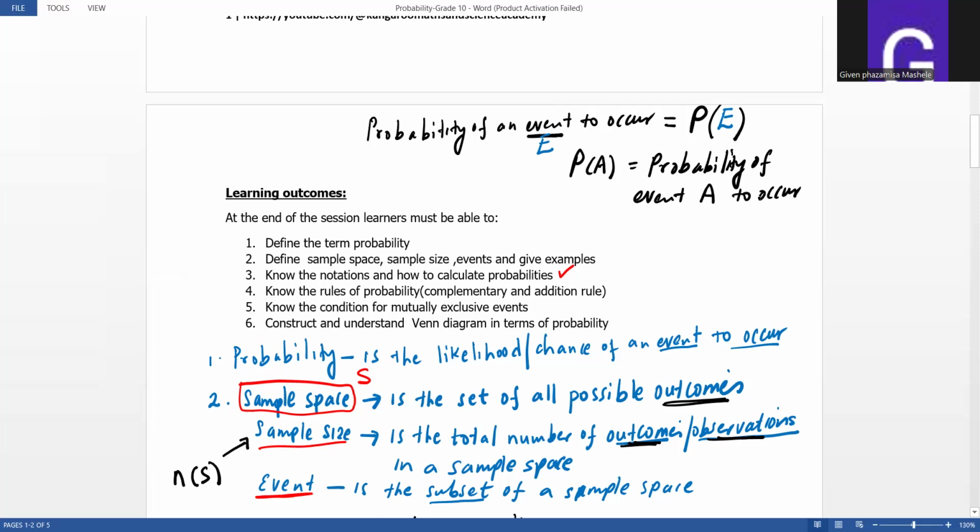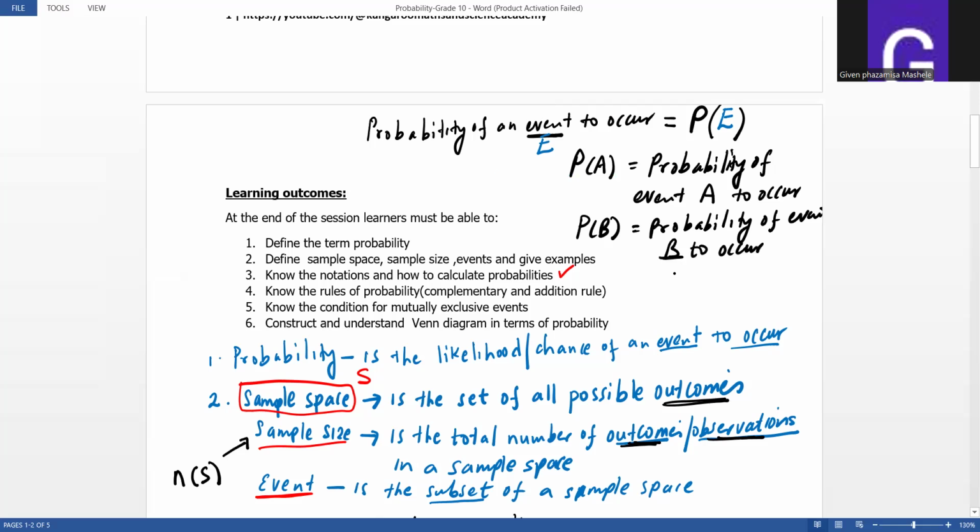This is just the notation. For example, if I say P of B, this is the probability of event B occurring.